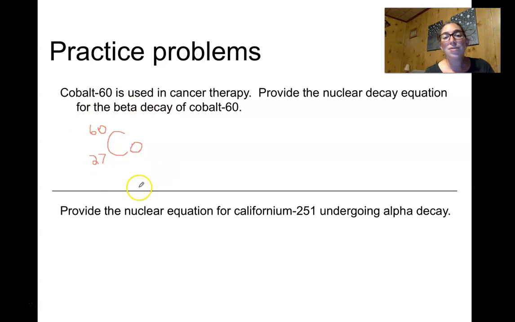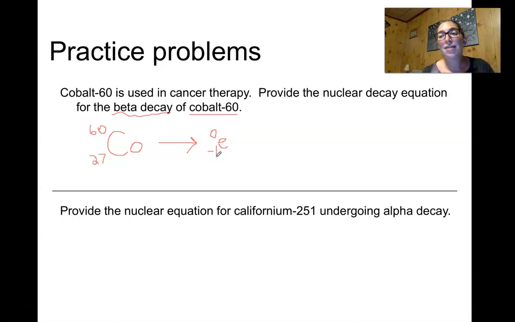So the first thing we do is we write out the symbol for the radioisotope that we're given. And then it undergoes decay, so we draw our reaction arrow. And this question is asking about beta decay. So the first thing I'm going to write is a beta particle. And the symbol for a beta particle looks like this.